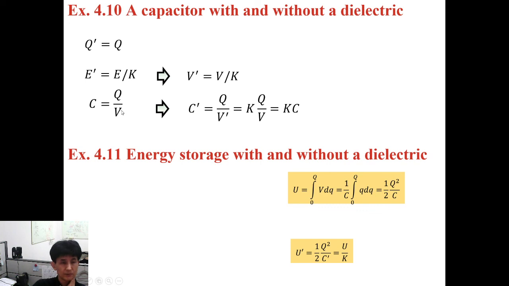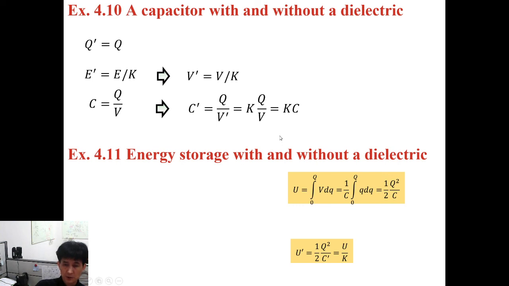C is Q over V, so C prime is K times C. So we can increase the magnitude of capacitance K times larger than C. C is the capacitance without any dielectric medium, and K is about 100, so we can increase capacitance 100 times or sometimes 300 times. V becomes V over K because electric field is E over K.